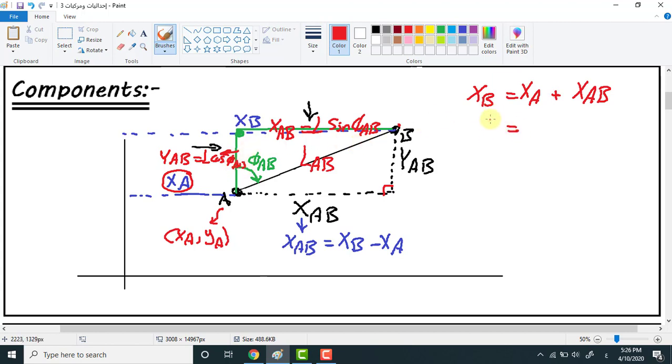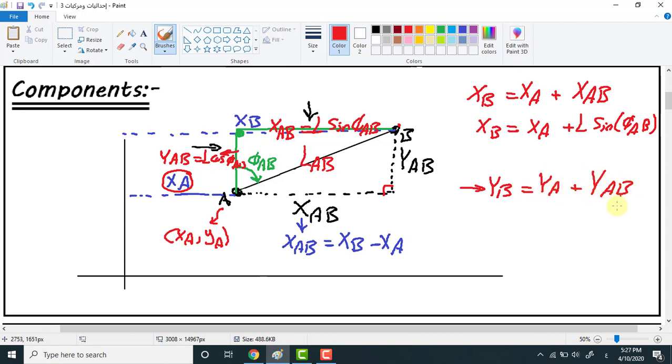So XB equals XA plus XAB, which is L sine phi AB, and YB equals YA plus YAB, and equals YA plus L cosine phi from A to B.